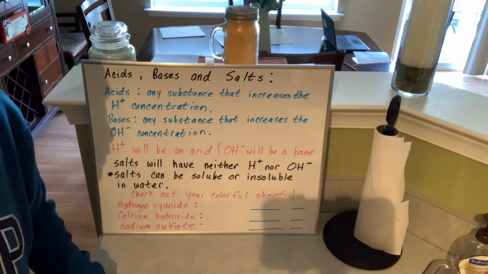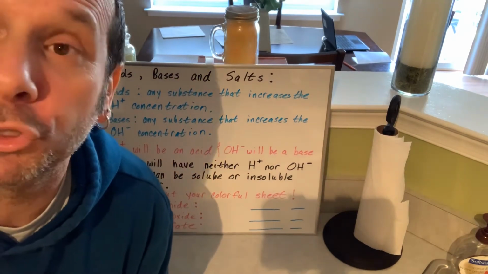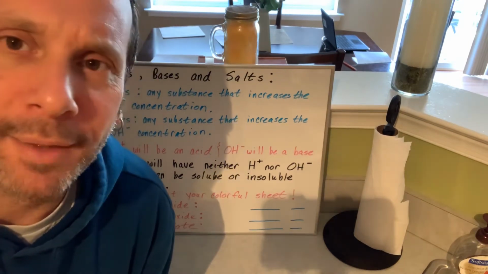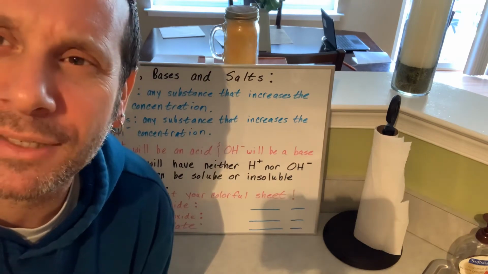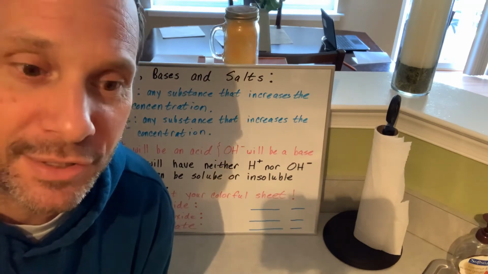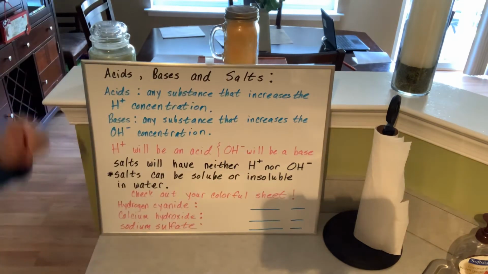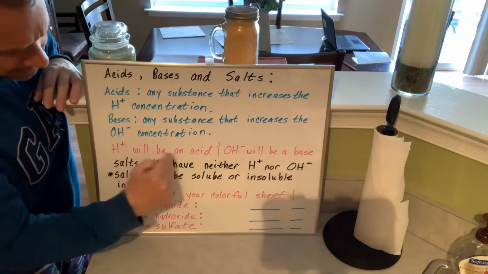Strong acids, I don't want you to think that a strong acid will kill you and a weak one won't. It's not necessarily the case. If I had my light bulb, I would be able to show you that what it really means is the amount that it ionizes, and it can actually create an electric current. Okay, so for the lay person, H plus is going to mean it's going to be an acid.